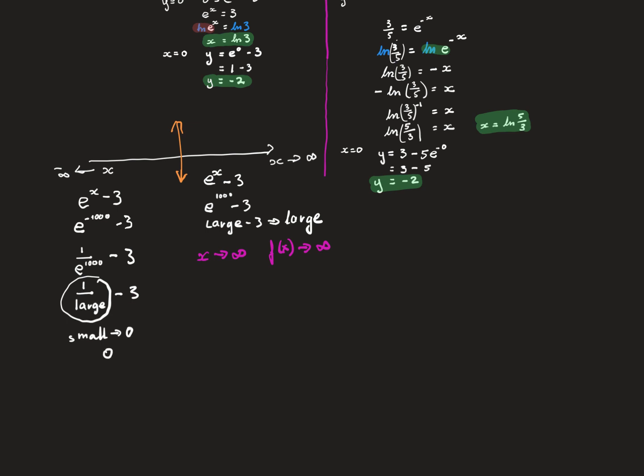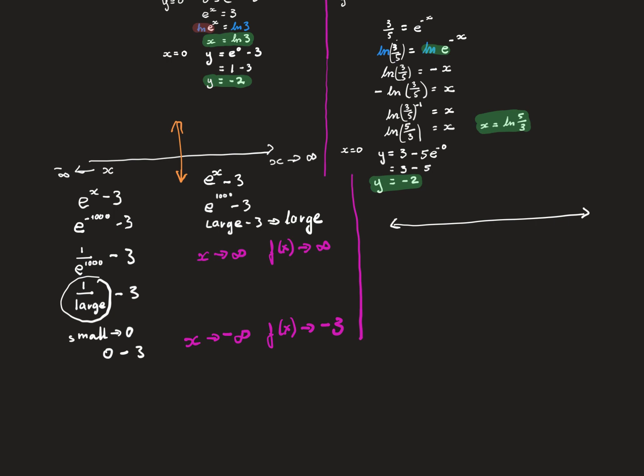So 0 take away 3 means that as our x values go to negative infinity, our function now goes to negative 3.